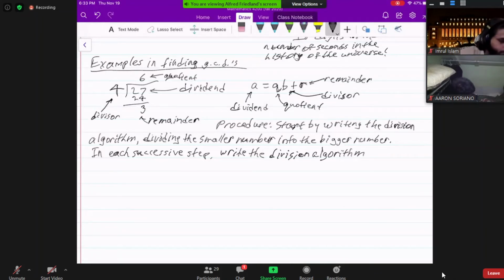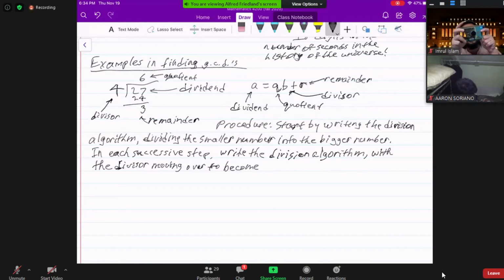How? With the divisor moving over to become the new dividend.